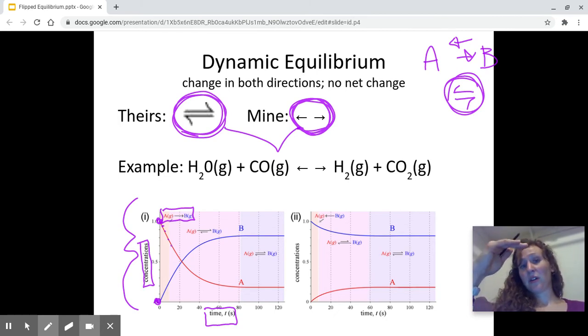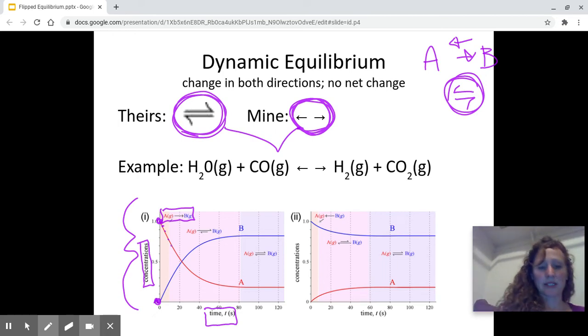We saw that the rate or concentration changes as the reaction proceeds. In a similar way, as B accumulates, the reverse reaction starts to grow. Notice the forward reaction is still more dominant, but there is a reverse reaction starting.